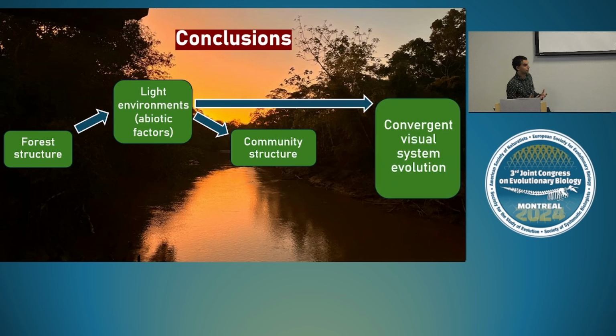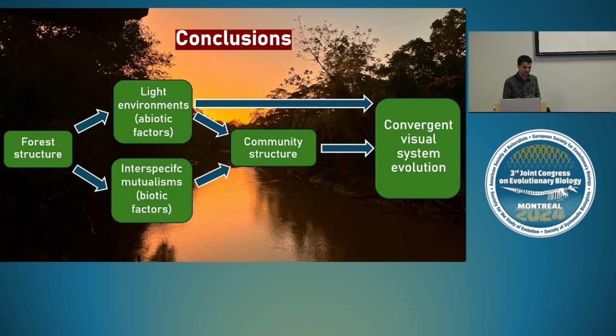But we've also shown that variation in the light environment can be a potent selective force within these habitats, predictably driving visual adaptations towards distinct adaptive peaks, whether that be at the peripheral and at the processing level. But perhaps the most exciting finding about all of this for me is that we're also showing what broad-reaching and perhaps surprising effects these biotic factors, in this case these interspecific mutualisms, have on organismal evolution. In this case, of course, the convergence in the visual system.